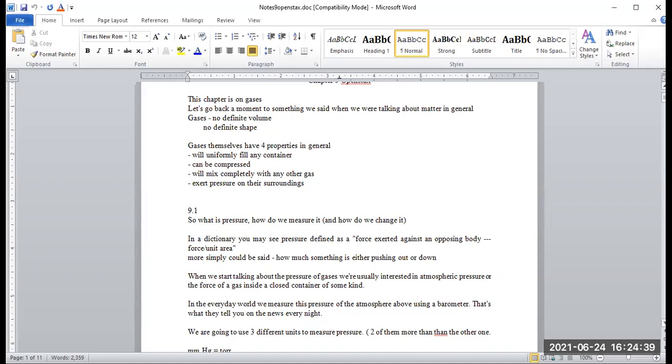The other thing that people often forget is that gases can mix with each other without a lot of effort. If you own those Glade plugins, which I think usually smell horrendous, but some people like them, you plug it in and you walk all the way to the other side of the room.